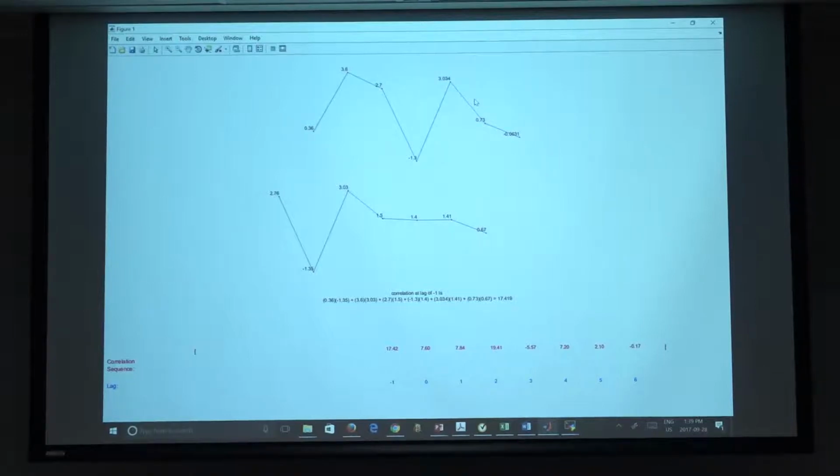Again here, 17 is a relatively large number because you can see the similarity again here between these two signals. See this one with this one, this with this. So basically it can tell me at which time shift these two signals are similar to each other. The value of cross-correlation can show that.